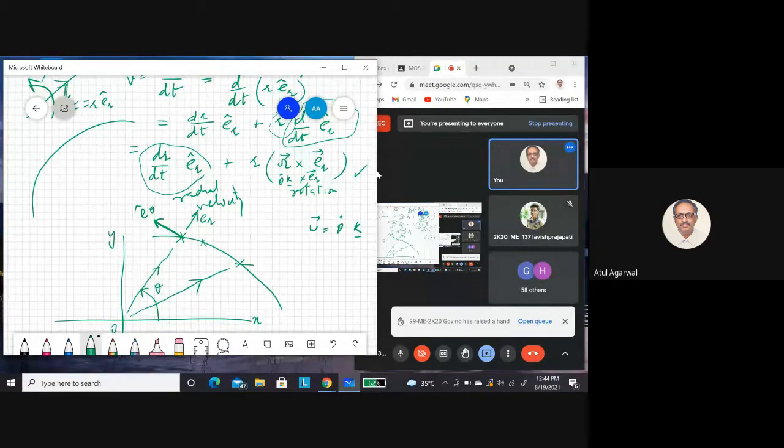Okay. So this was your radial velocity. Your one component will be in this direction, one component will be in this direction. If your particle is going like this, you know the direction of absolute velocity. You know it has to be tangential to the trajectory.